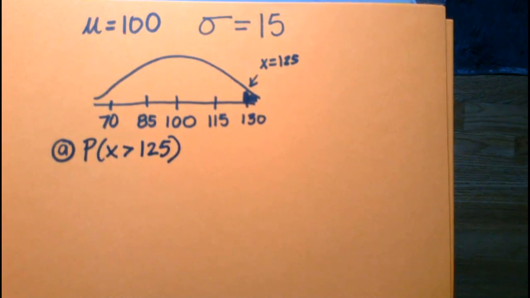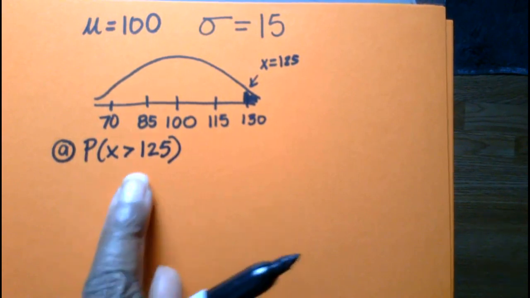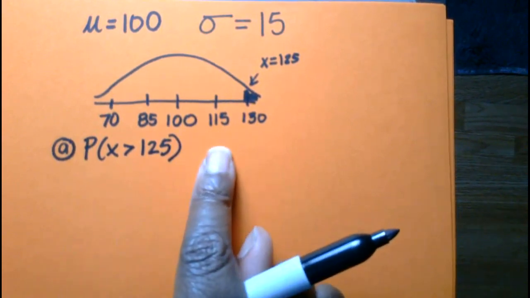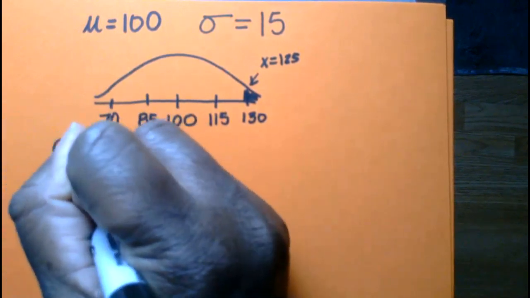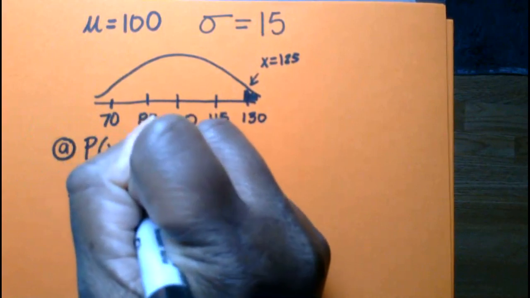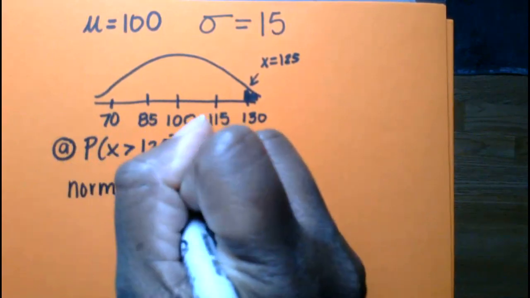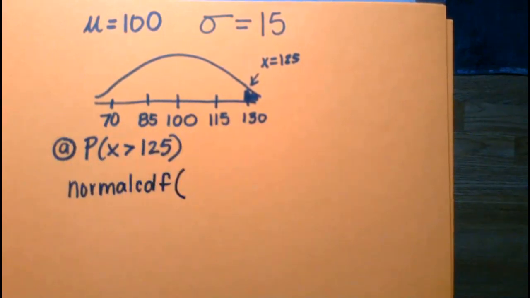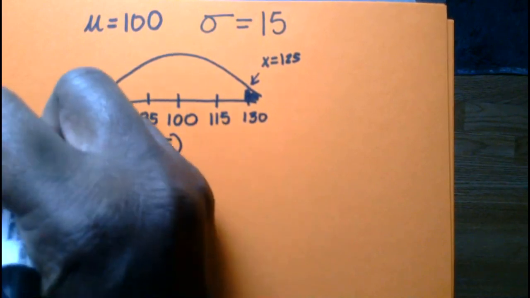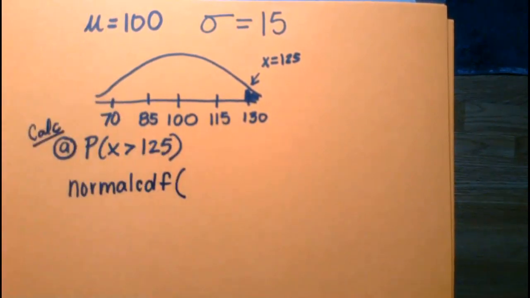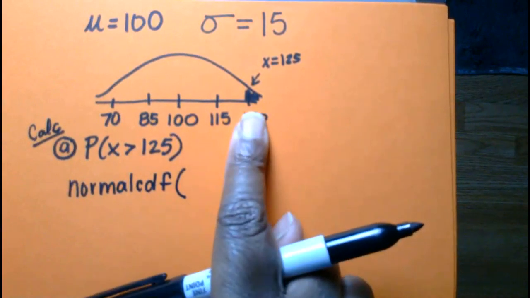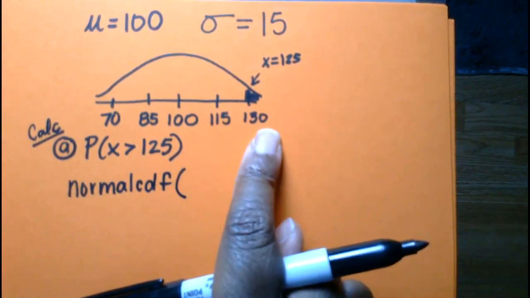I'm going to go over the calculator first because most of y'all use the calculator. So according to the problem, it says find a probability. I know that I'm using normal CDF. So way A is the calculator. If you don't like the calculator, just skip ahead. Now I'm going to look at my graph to tell me what I'm putting in the calculator.